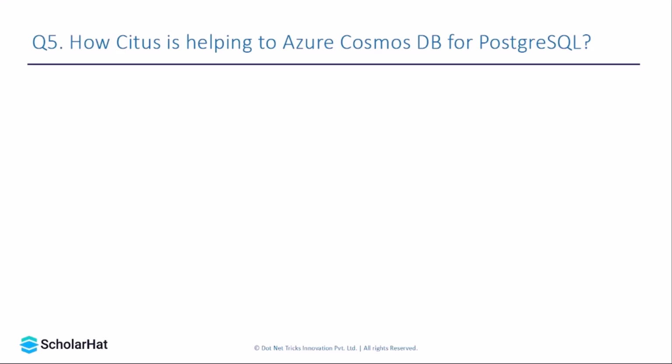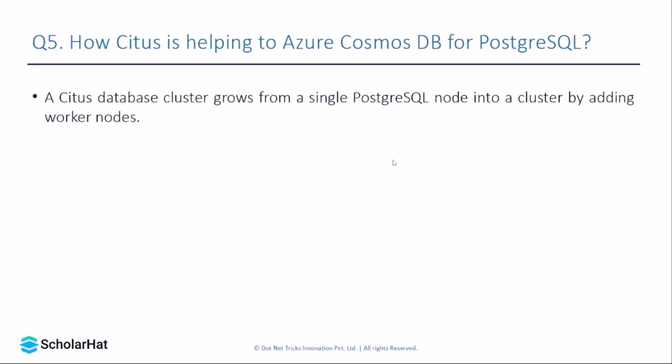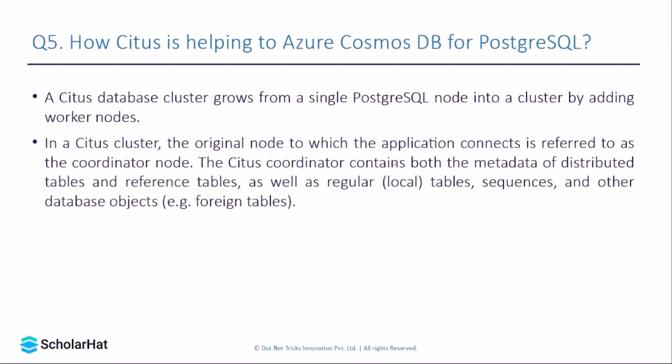Now, let's understand how Citus is helping in Azure Cosmos DB for PostgreSQL. With the help of Citus, the cluster grows from a single PostgreSQL node into a cluster by adding worker nodes. In a Citus cluster, the original node to which the application connects is referred to as the coordinator node, and the Citus coordinator node contains the metadata of distributed tables and reference tables, as well as local tables, sequences, other database objects and foreign tables.